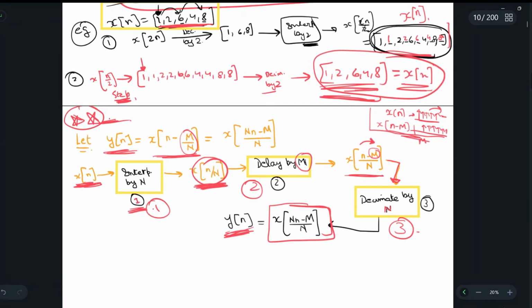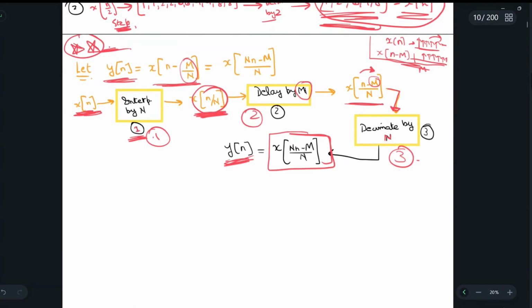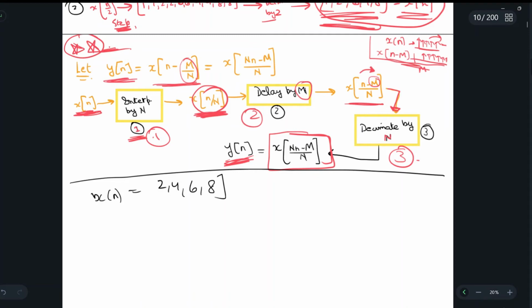Now suppose I have a signal, say xn, which is 2, 4, 6, 8, and the pointer is pointing at 6. Pointer's position is very important, keep that in mind. And now what we have to find out is yn is equal to x of n minus 0.5.